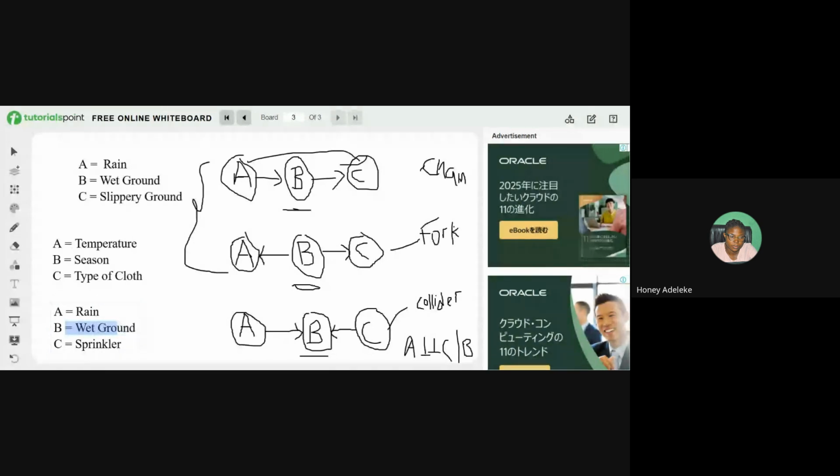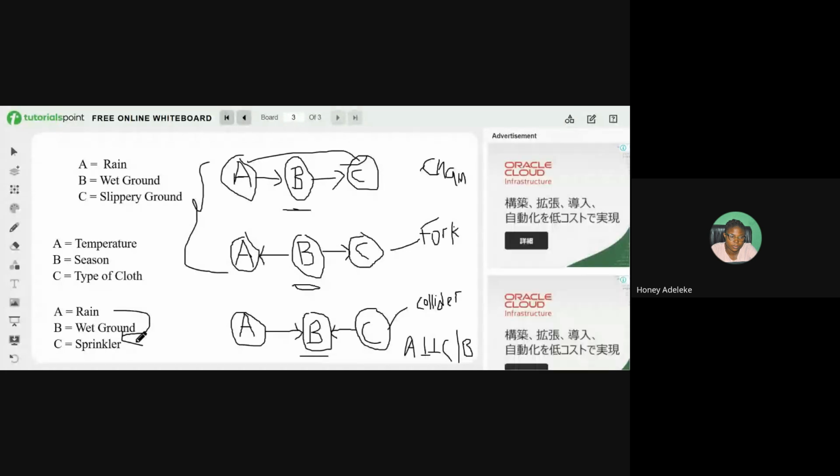But once we are able to observe B, then the path from A to C becomes active. Your rain and your sprinkler being on will become conditionally dependent once you are able to observe your B.